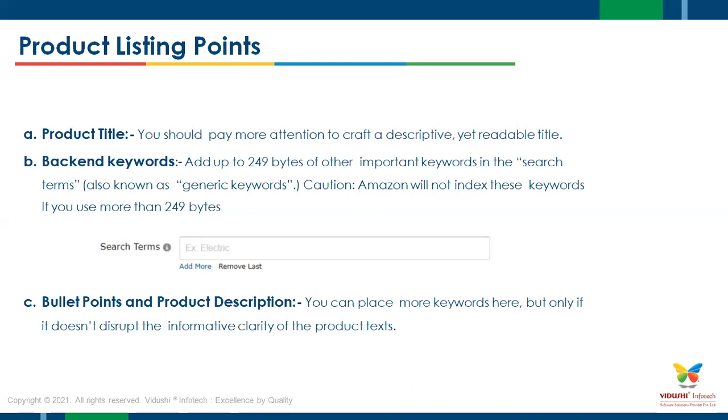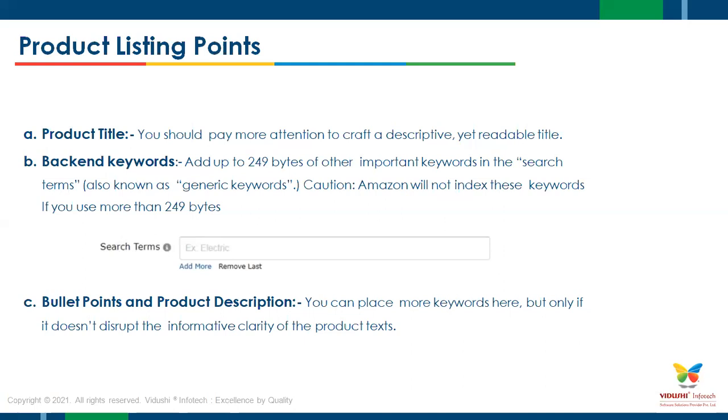Next comes bullet points and product description. Here we can place more keywords, but only if it doesn't disrupt the informative clarity of the product text. Bullet points can be a detailed description which is given point by point.